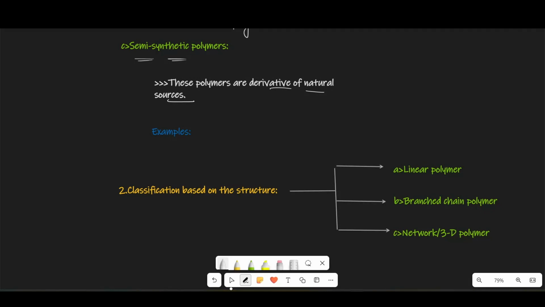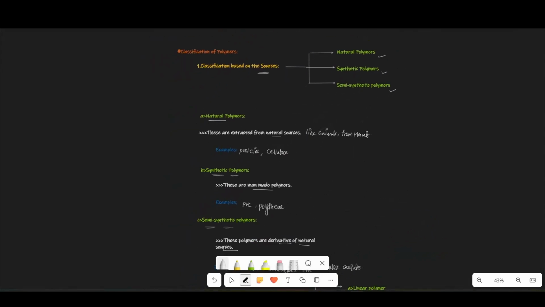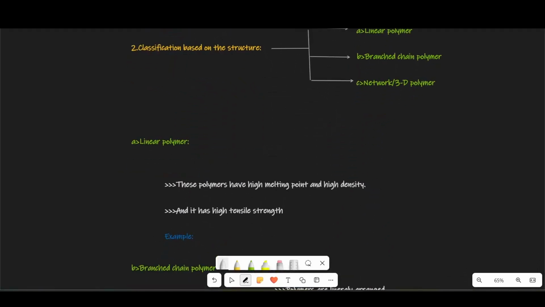Examples for these are cellulose derivatives like cellulose acetate. I hope these are clear. These are the classification based on sources. We have discussed these three in detail, and now let's move to another classification, that is based on structure.